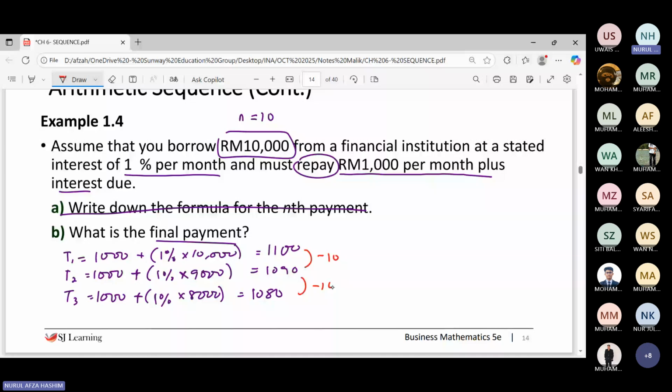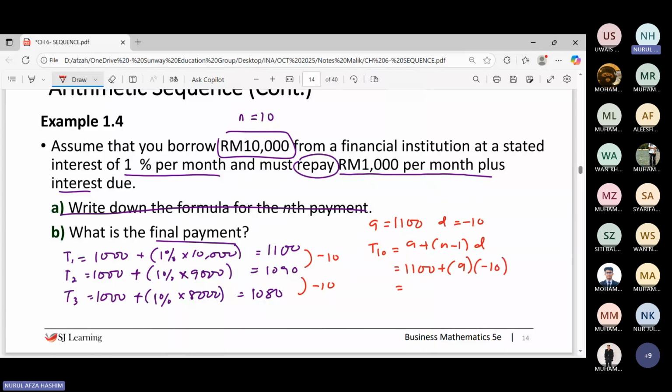So from here, you know that your first A is 1,100 and the D here is -10. Final payment, it means T10. So you have A plus n minus 1 D, which is A is 1,100 plus 9 multiplied by -10.